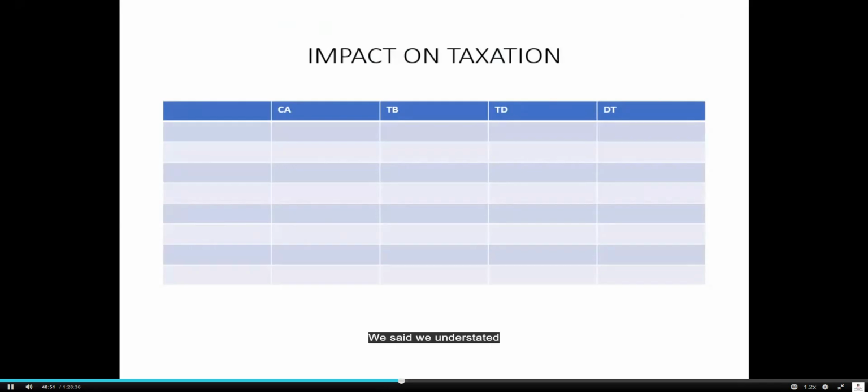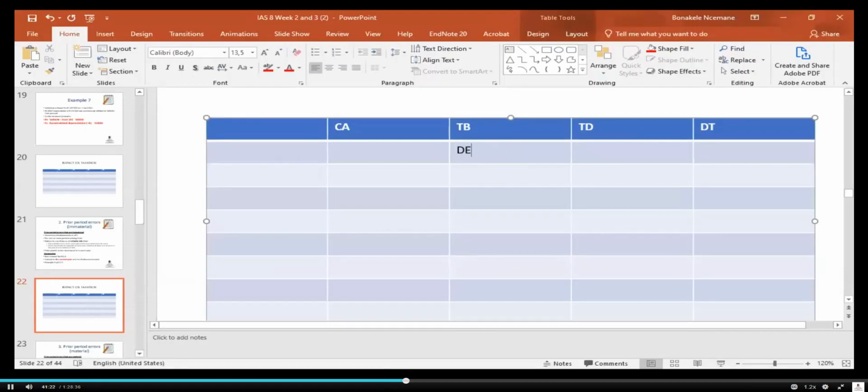We understated the depreciation by 15,000. Yes, we understated the depreciation by 15,000. In other words, 15,000 worth of depreciation was omitted, right? Then if we underestimated depreciation by 15,000, what would be the correct journal? What would we debit and what would we credit?